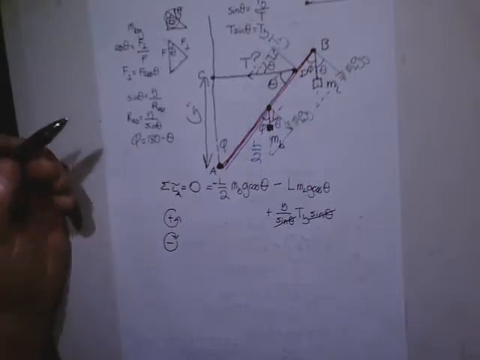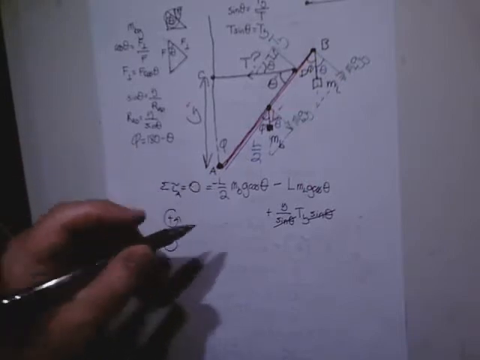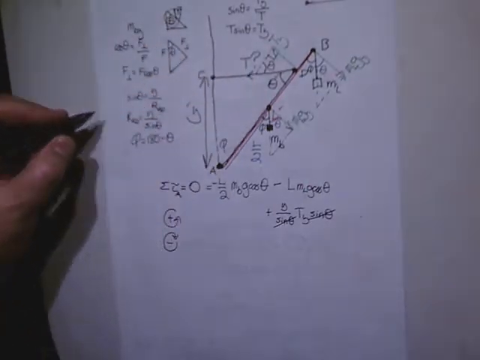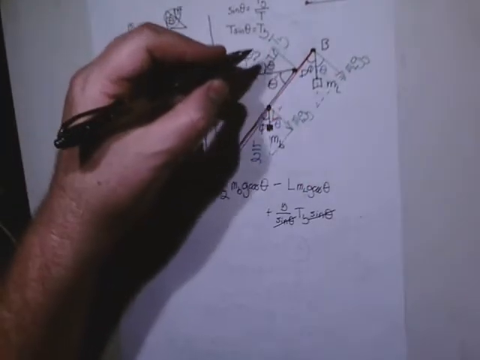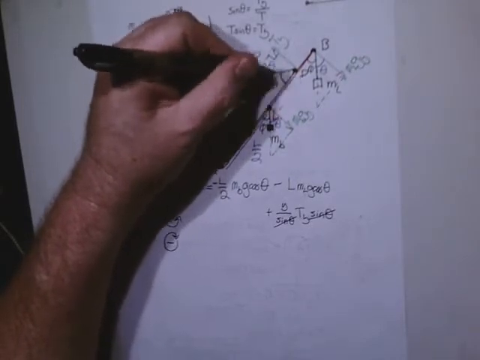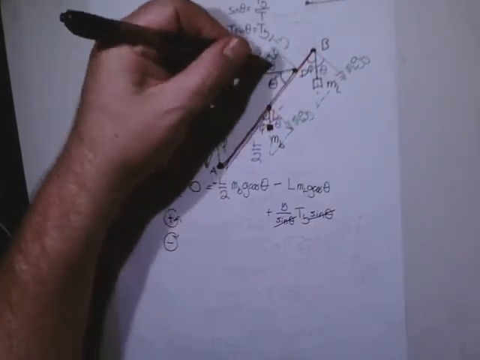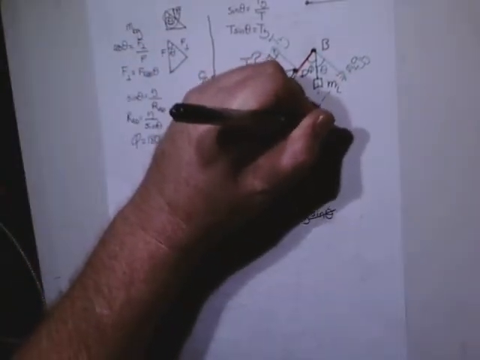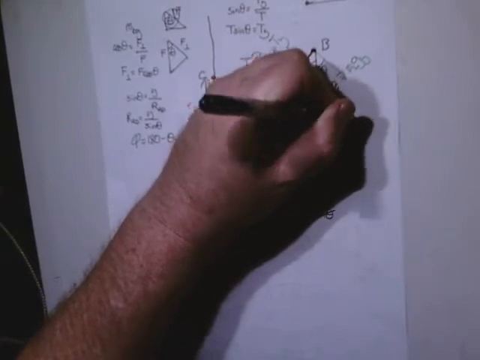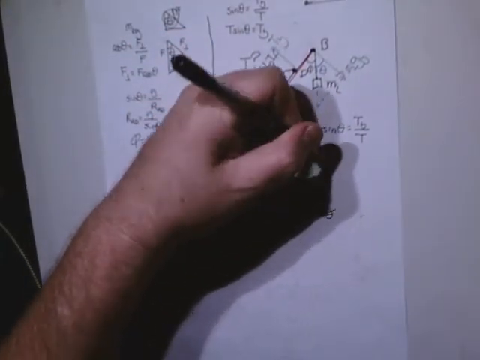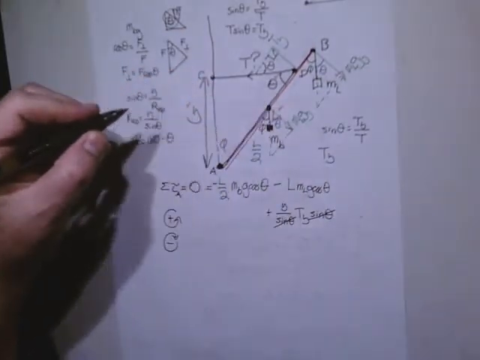So I'm looking for T. And the other thing that I can do for this Ty is that the T is the hypotenuse side. I can also say that sine of theta is Ty over T. So Ty, I'm going to get T sine theta.